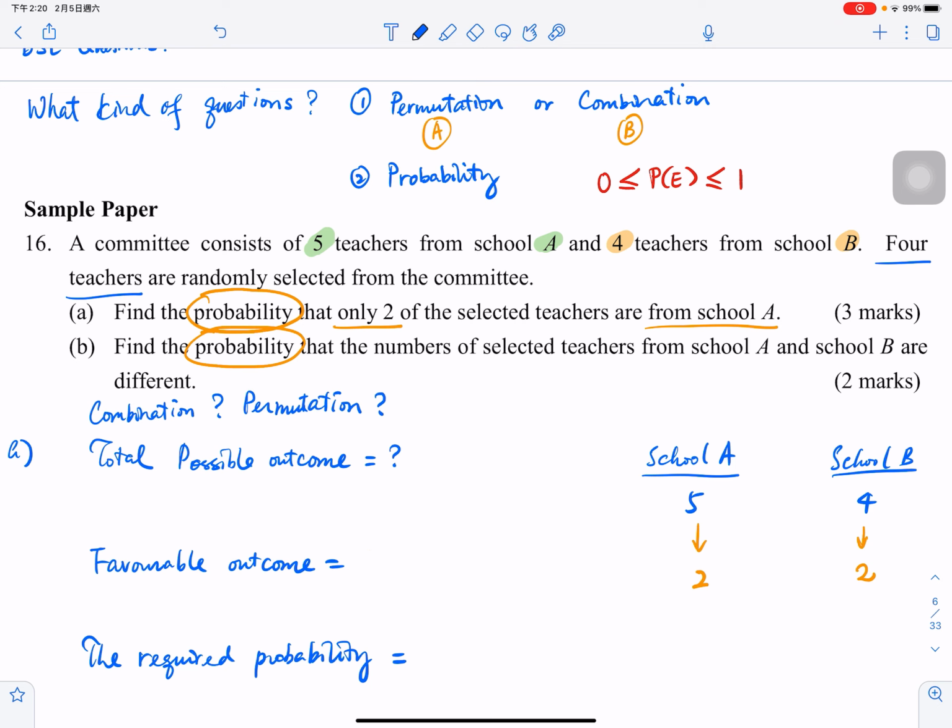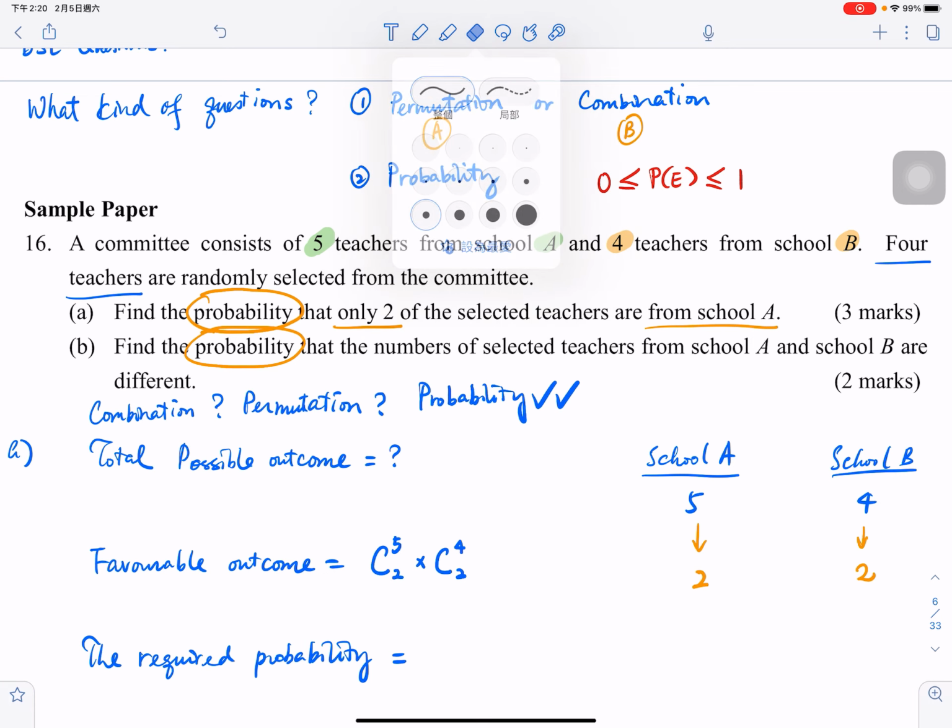From school A, 5 to choose 2, right? And from school B, from 4 to choose 2. Then total 4 of them. After you find the favorable outcomes, what are the total possible outcomes? Since this is probability, you need to find the total possible outcomes.